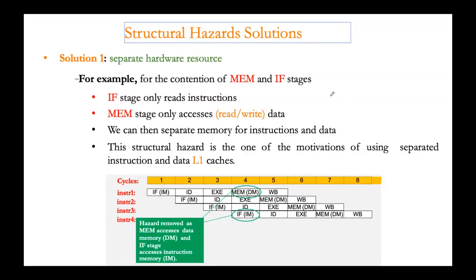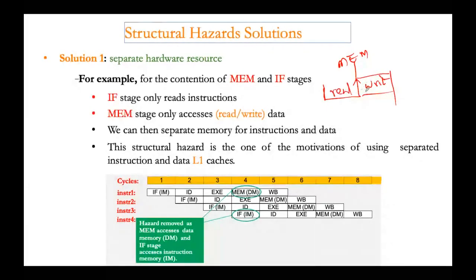As we know, in the clock cycle edges, the falling edge means it is a read operation, and the rising edge means it is a write operation. So if you divide this memory into two different parts, the first half cycle for read purpose and the second half cycle for write purpose, you can divide this memory into two parts.